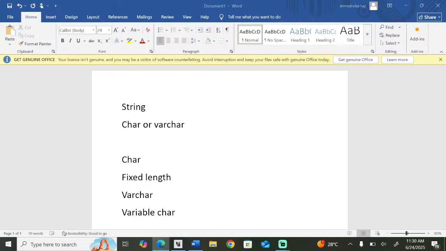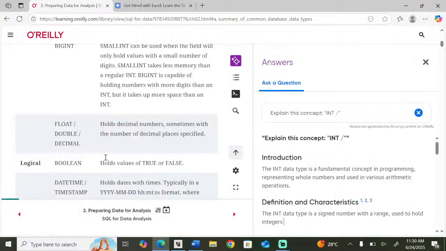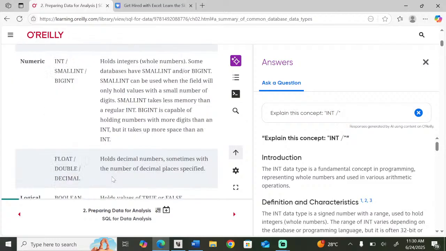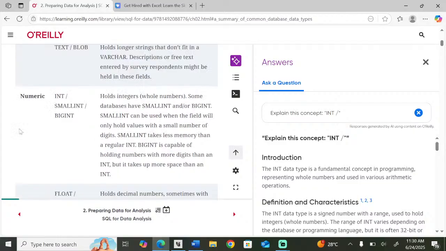So that is what we mean by the numeric data type. It's about numbers.